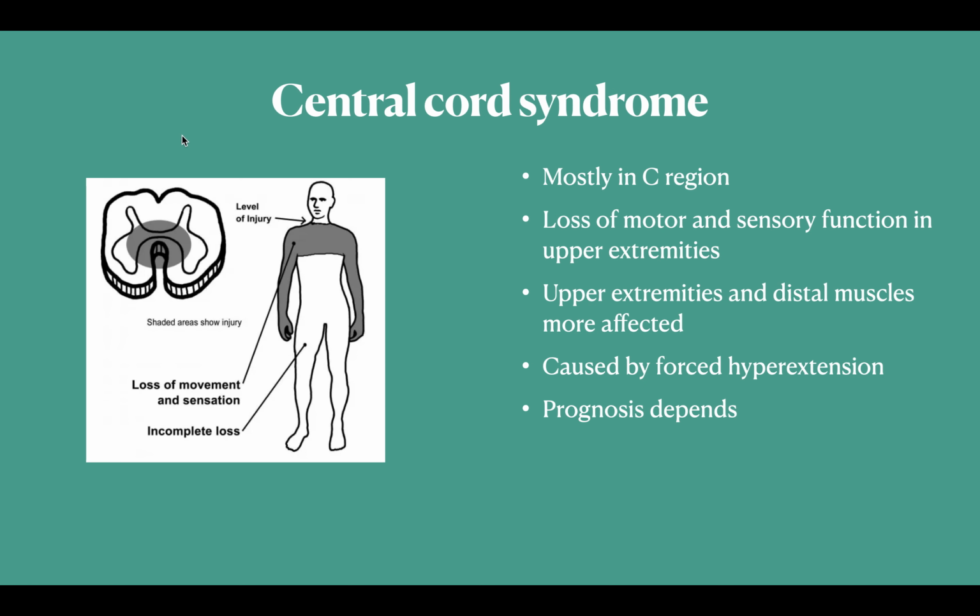Central cord syndrome is mostly in the cervical region, and there's going to be a loss of motor and sensory functions in the upper extremities, and it's caused by a forced hyperextension, and it's kind of rare.